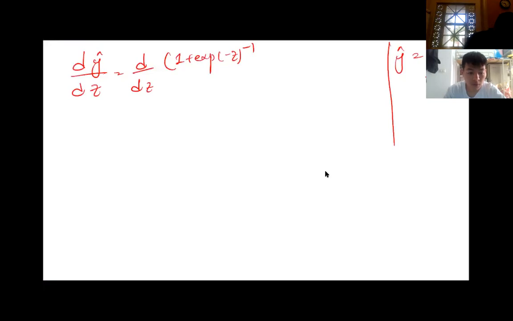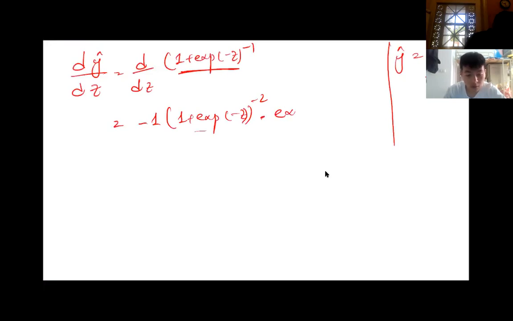Again, I will apply chain rule. So first I apply the power rule of derivatives on this term. This becomes minus 1 times 1 plus exponent minus z, power minus 2, then I take the derivative of the inside term.